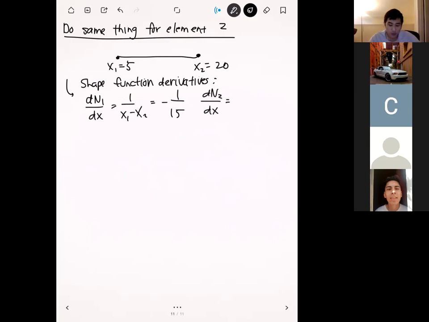Okay. And then we have dN2/dx, which is just the opposite of that. So we have 1 over x2 minus x1, and that's going to be 1 over 15. Okay. All right. And now that we have the shape function derivatives, we can go ahead and plug this in for our element stiffness matrix.